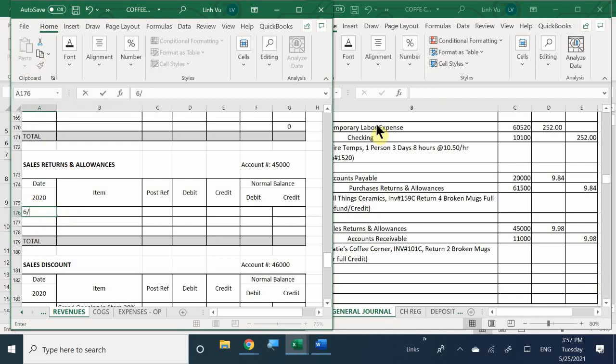Okay. The notes, I just put invoice 101C, right, because we're giving her credit.